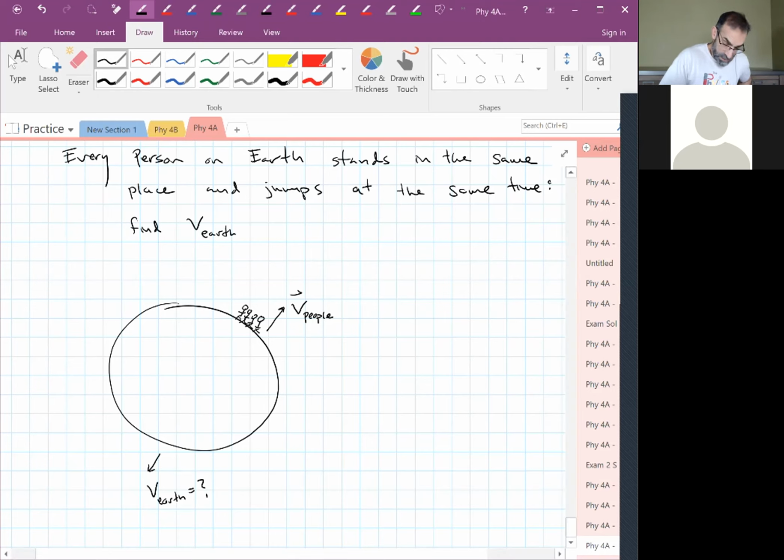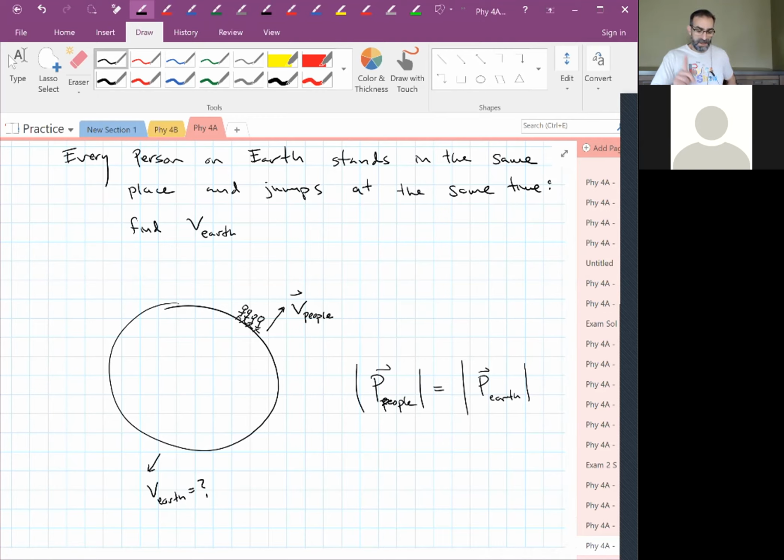So we've got the momentum of the people has to equal the momentum of the Earth, right? Or you could say the initial momentum is 0, and it has to equal the final momentum, people in one direction, Earth in the other direction.